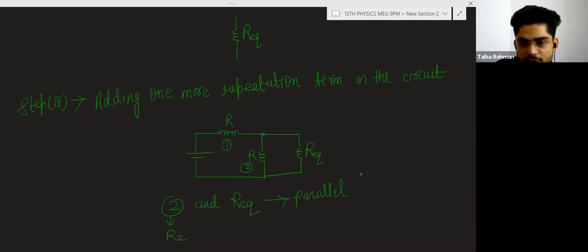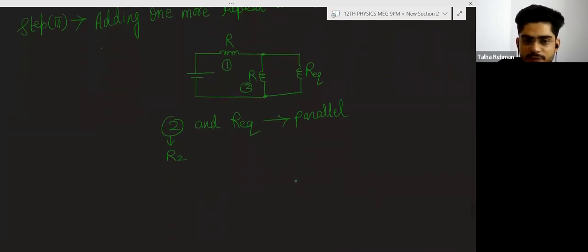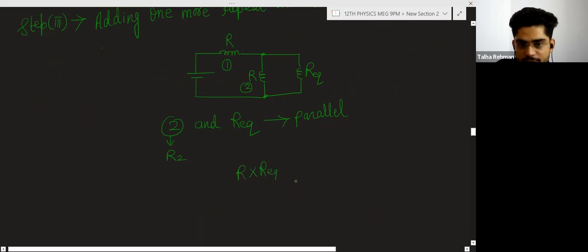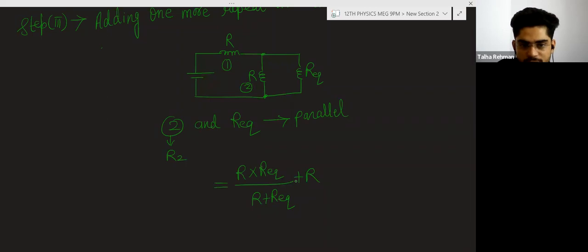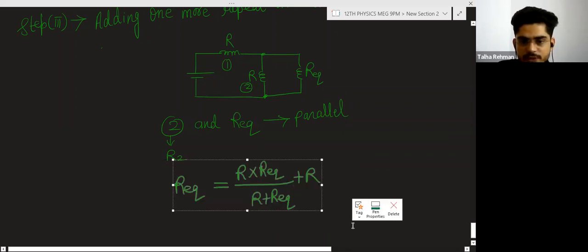See, this is the end-to-end connection, so you can calculate their equivalent. You will write R into R equivalent divided by R plus R equivalent. And along with this, resistance R is connected in series, and this whole resistance is equal to the equivalent resistance.